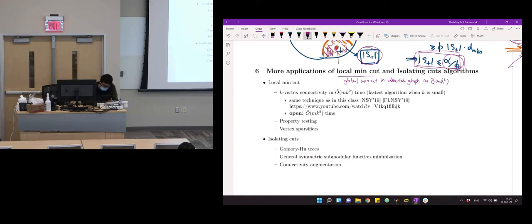And when I say min cut, I mean edge min cut. However, it's not too hard to extend the whole algorithm, for both local and global, to find vertex min cut.